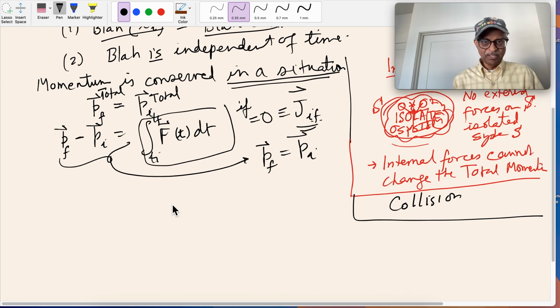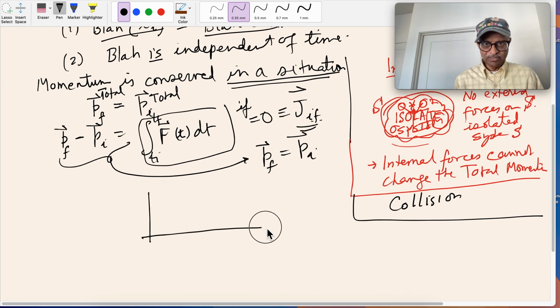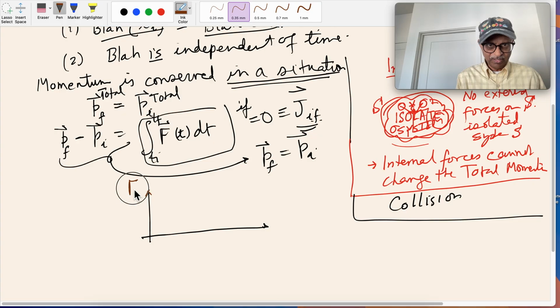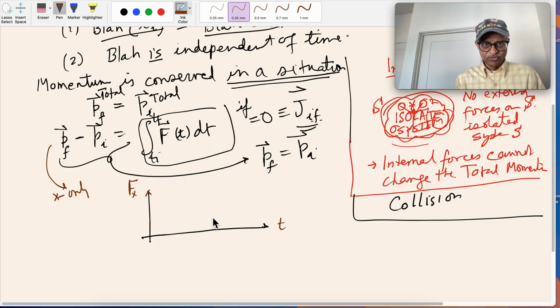It's not like, for instance, here's a situation you will definitely find: say look at the x part, x only. So x only will be p final x minus p initial x equals J x.